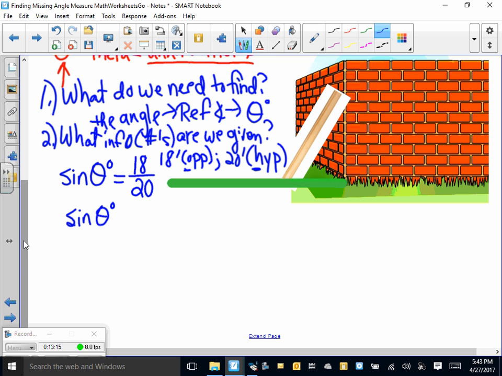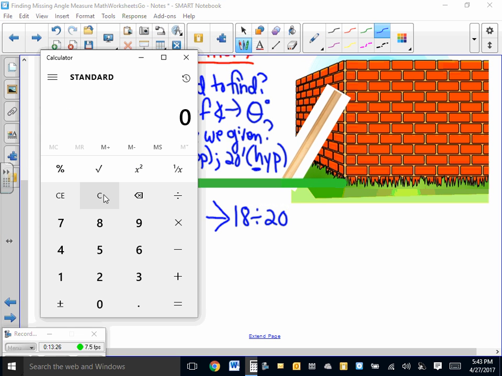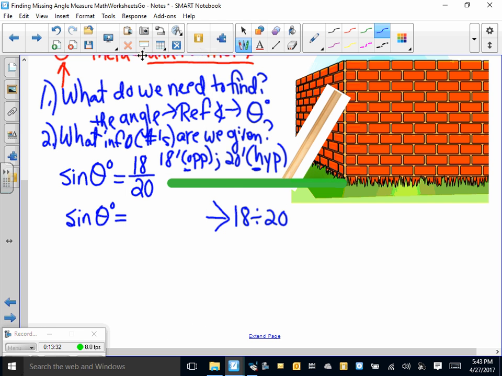So in our calculator, we enter 18 divided by 20, and we get 0.9. Since this is exactly 0.9, we do not have to round it. I can keep my equal sign.